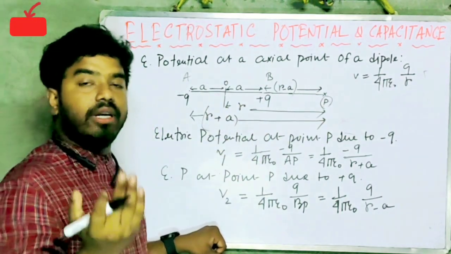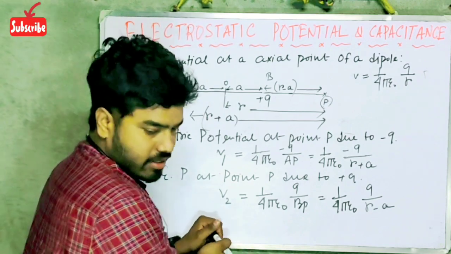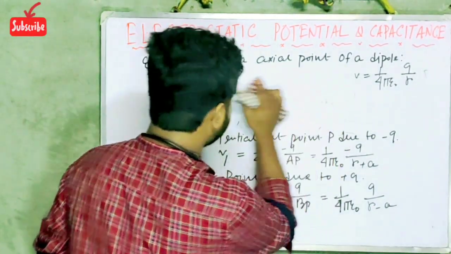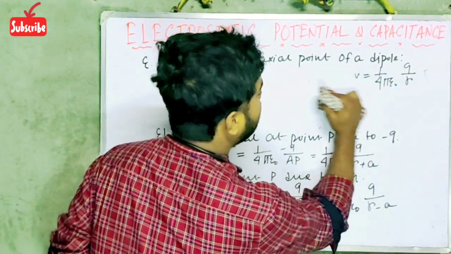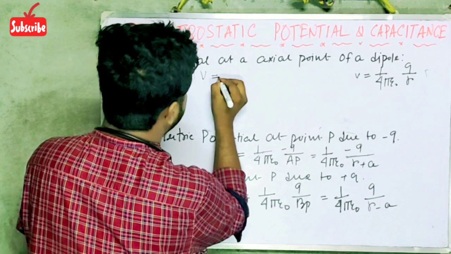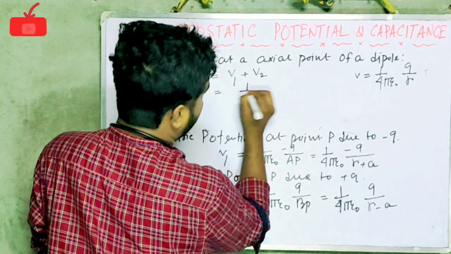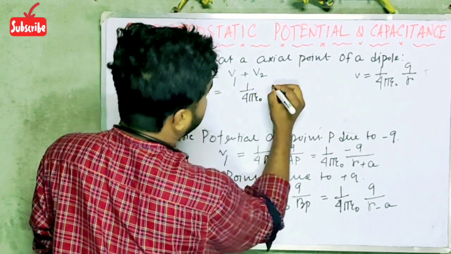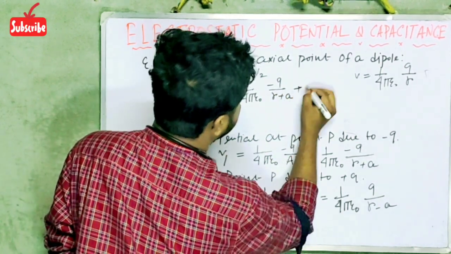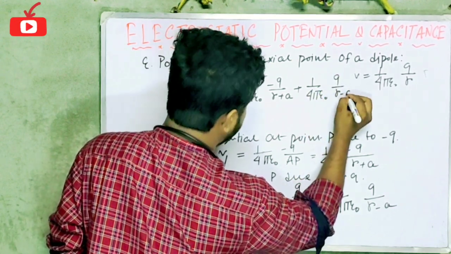Now we have to calculate net electric potential using the superposition principle, which states that the net electric potential V equals the algebraic sum of individual potentials, that is V equals V1 plus V2. Putting the values here, 1 by 4 pi epsilon naught minus q by r plus a, plus 1 by 4 pi epsilon naught plus q by r minus a.